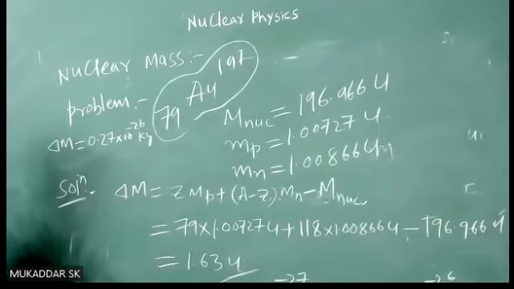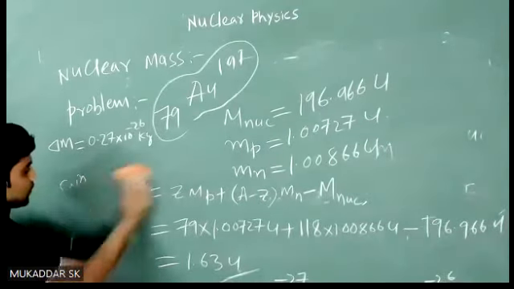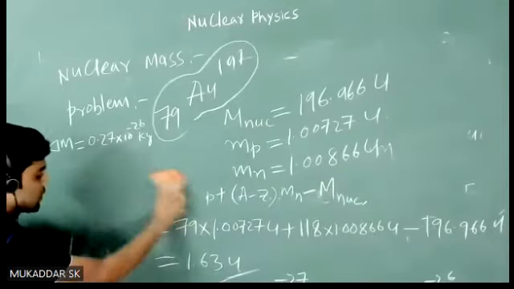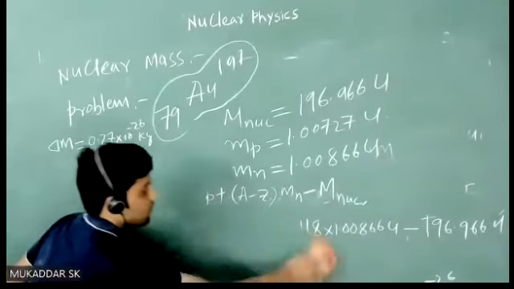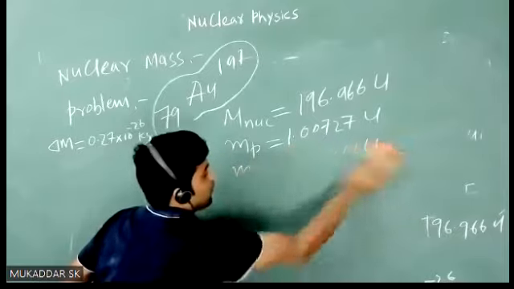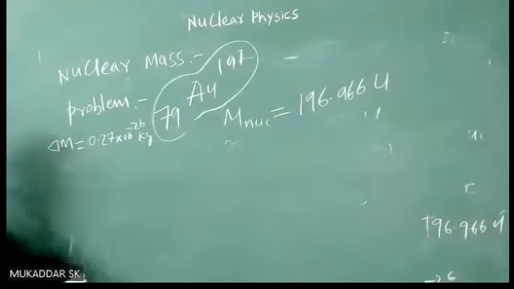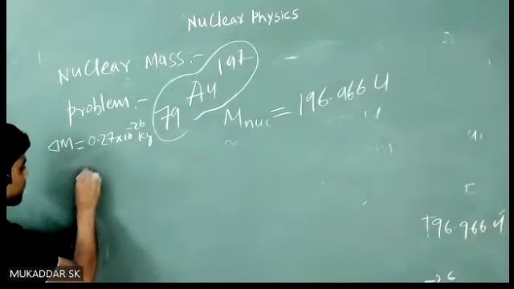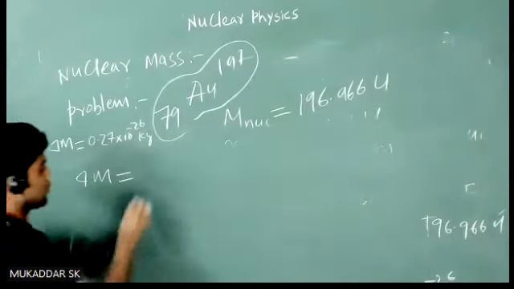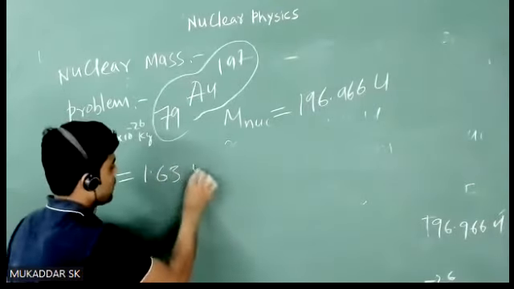Sir, 1520 MeV/c². Around 1518.54, yes, 1518, right? So it will be around 1518. Since you got this delta M in atomic mass unit, it was how much? 0.63 in u.